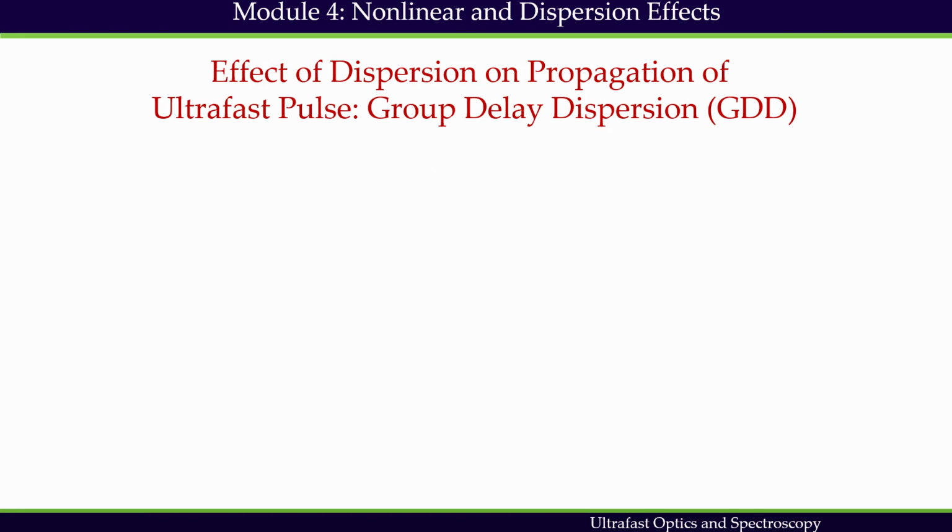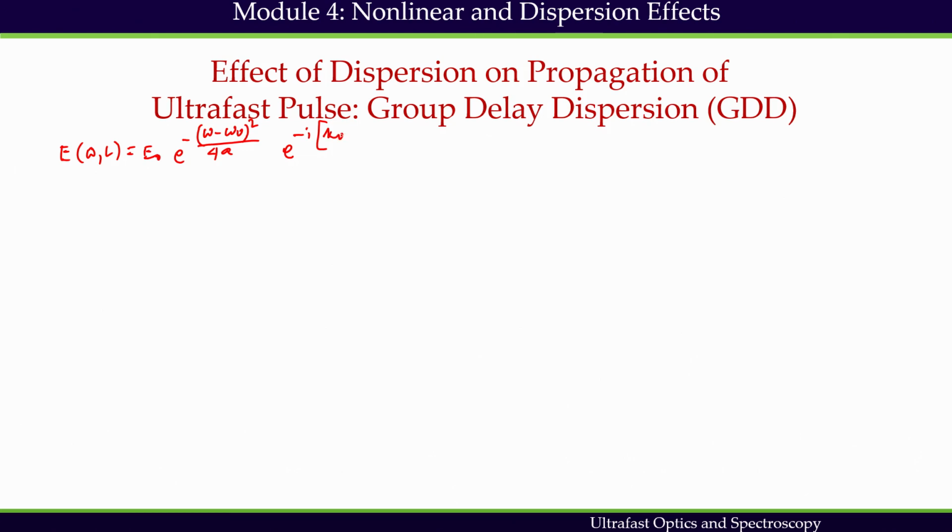Then the electric field of the pulse emerging from the medium can be written as E(omega, L) equals E naught e to the power minus omega naught square divided by 4a, multiplied by e to the power minus i. Now this is the total phase I am going to write down.